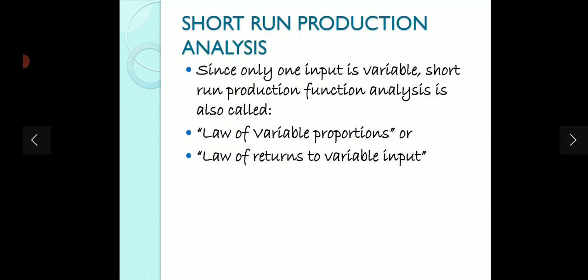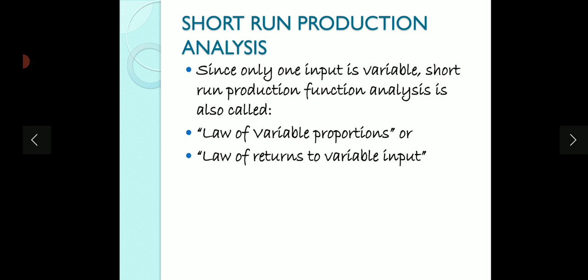Moving on. The short run production analysis, as I have mentioned earlier, is also called by various names. The first name is law of variable proportions. I will explain the meaning of this name in the upcoming slides. Second, we call it law of returns to variable input. Now this name is easy to understand.